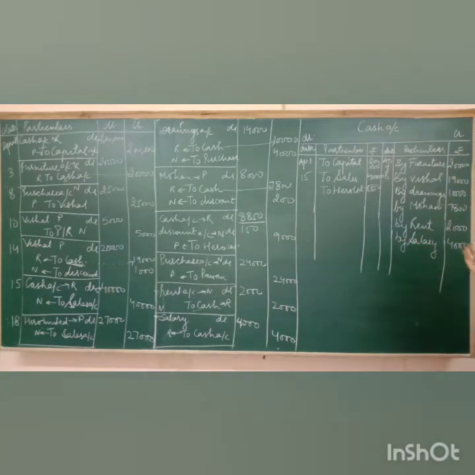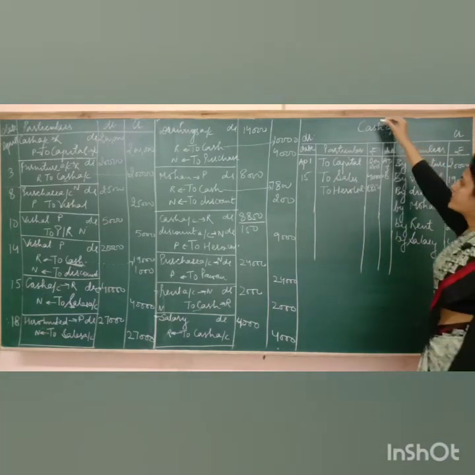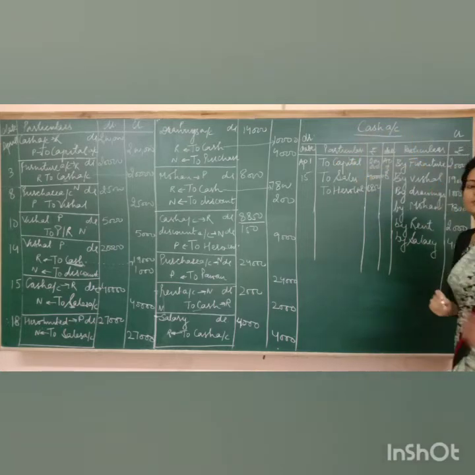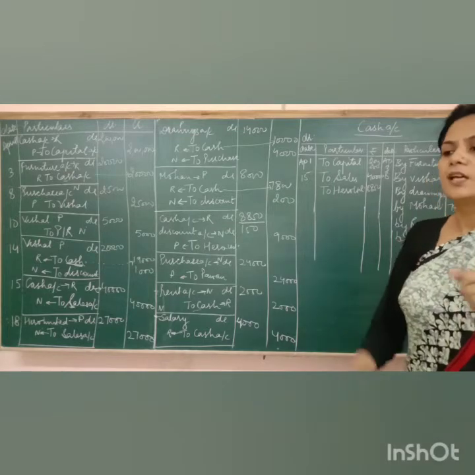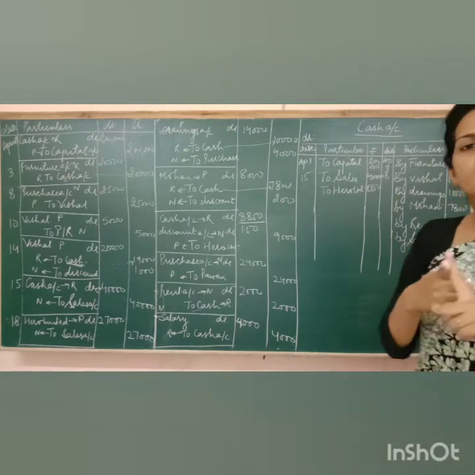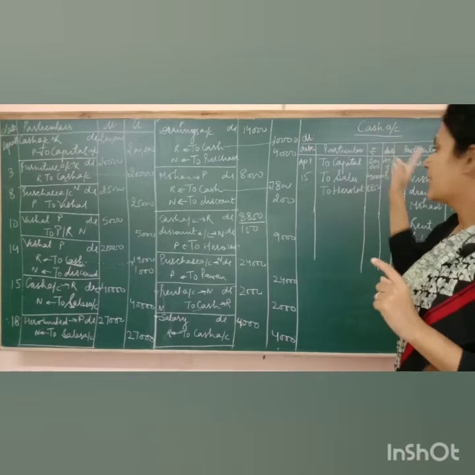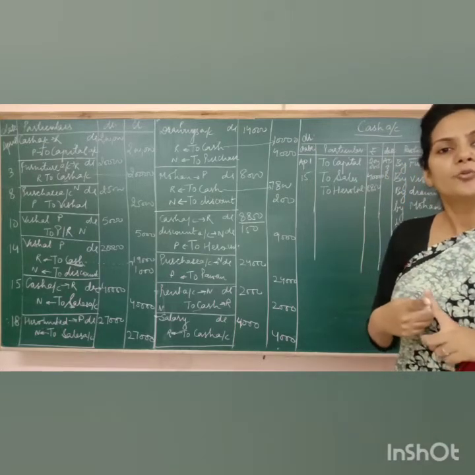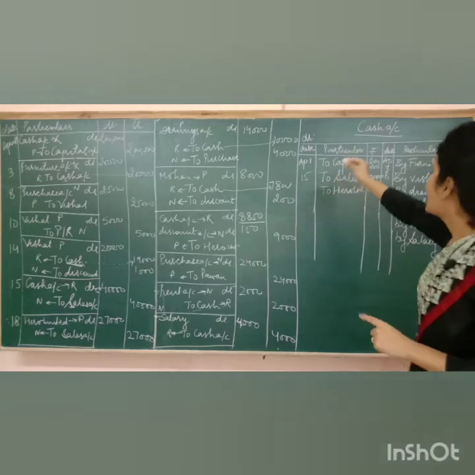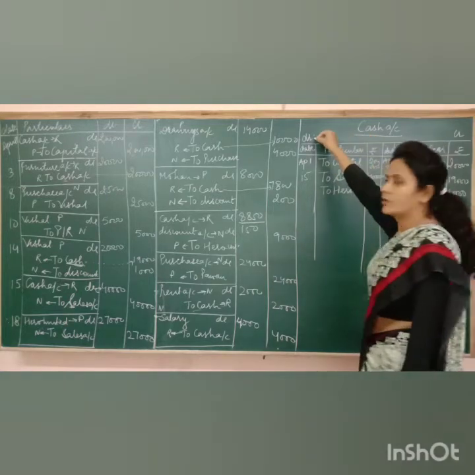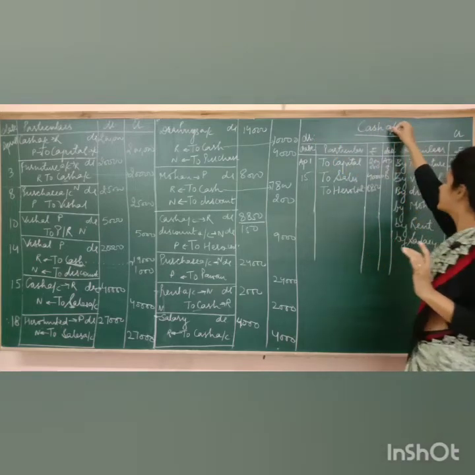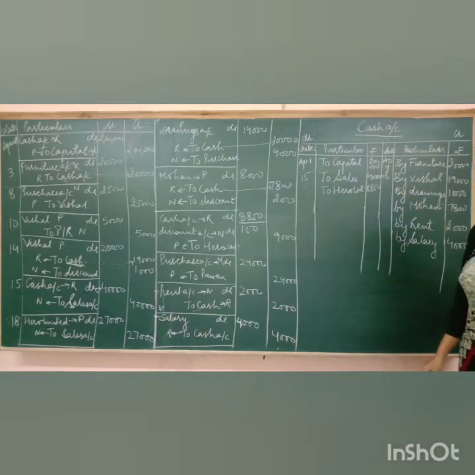First of all, if I am writing any transaction in the debit side of cash account, first of all understand the meaning of this. Real accounts are those which are related to assets. Cash is an asset. Secondly, the rule applicable on real account is that you have to debit the real account whenever something comes in, and you have to credit the real account whenever something goes out.